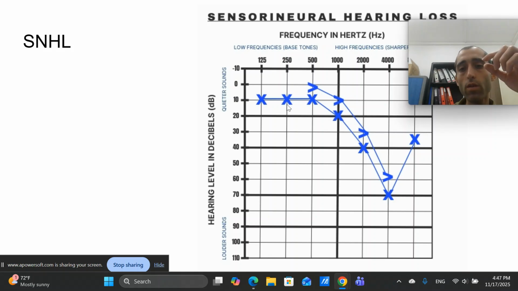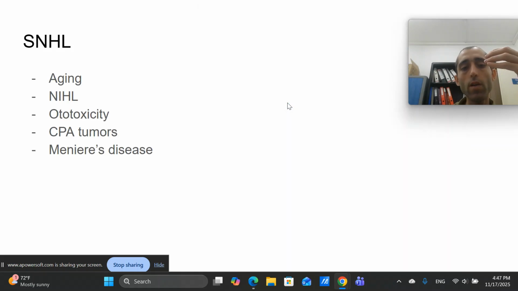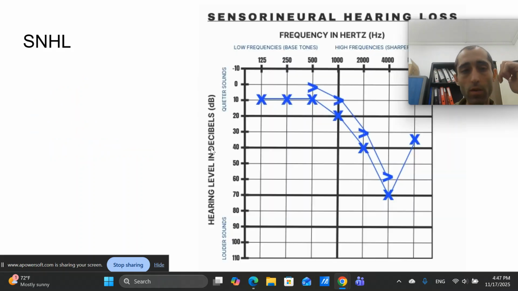And the low frequencies are in the apex of the cochlea, so they get less energy, so less damage from noise. Anyway, sensory neural hearing loss most commonly damages the high frequencies. Meniere's is quite unique in the sense that it causes damage which is sensory neural in the low frequencies.